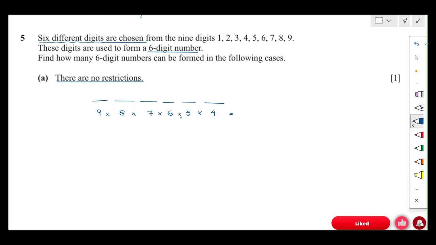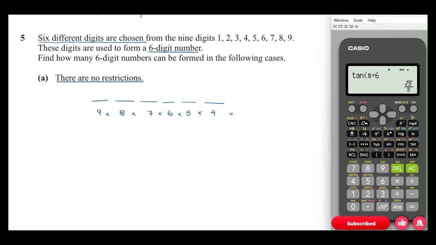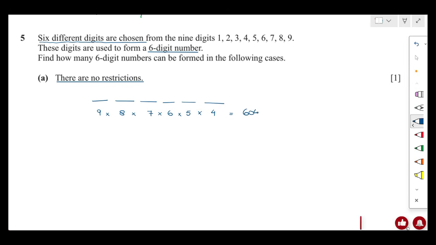Now let me figure this out. 9 into 8 into 7 into 6 into 5 into 4. So this is 60,480. 60,480 6-digit numbers we can make when there is no restriction.